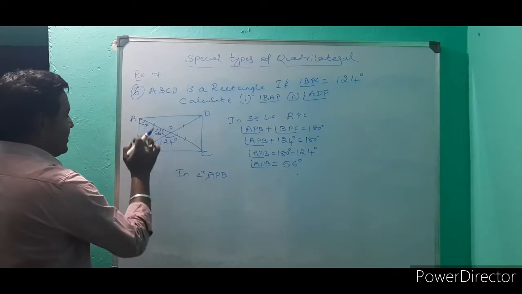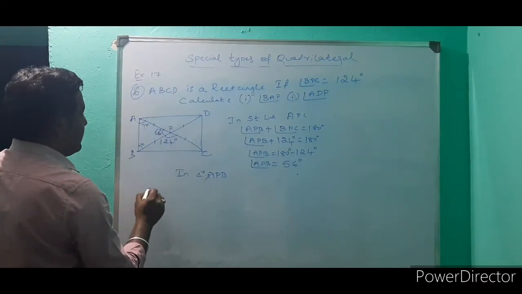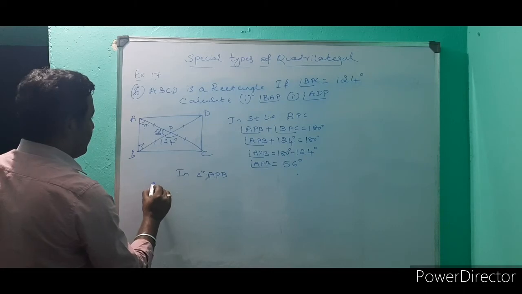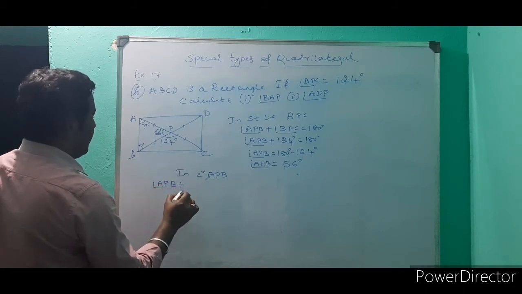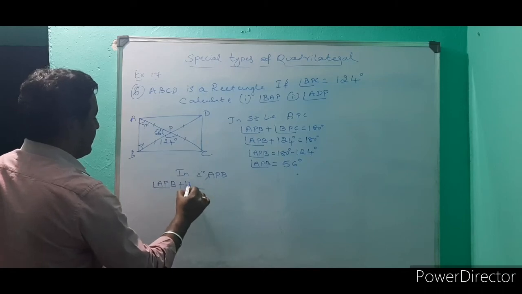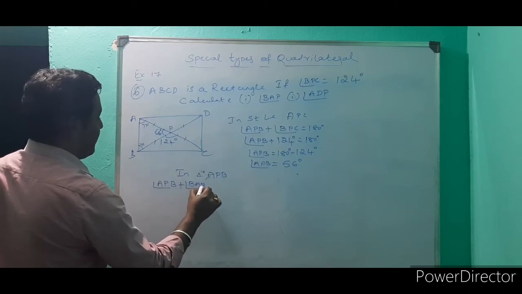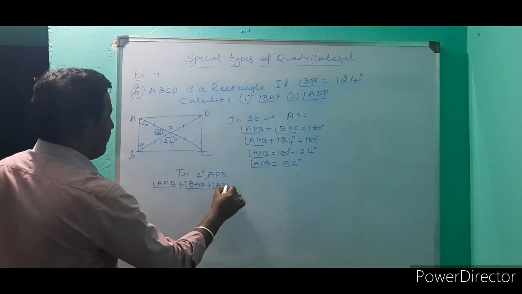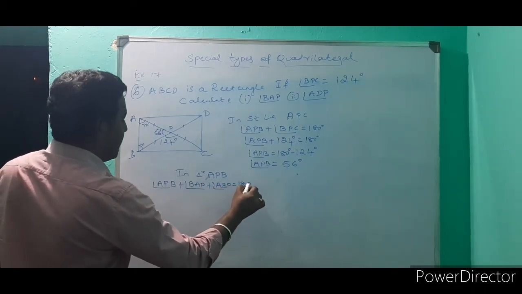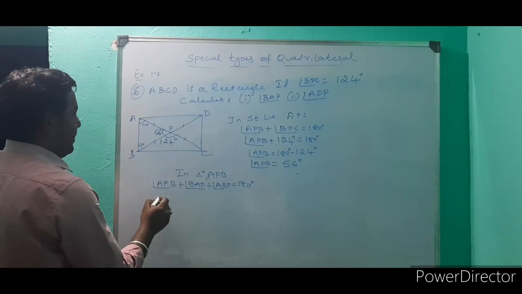So this is x, this is also x. So you can add all the angles: APB plus BAP plus ABP is equal to 180 degree.